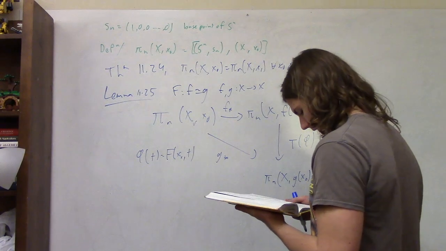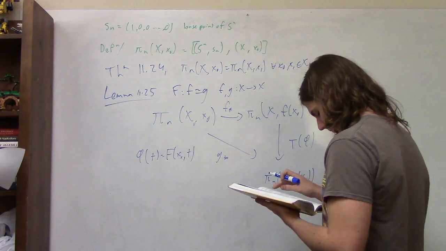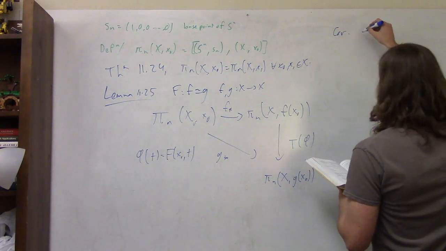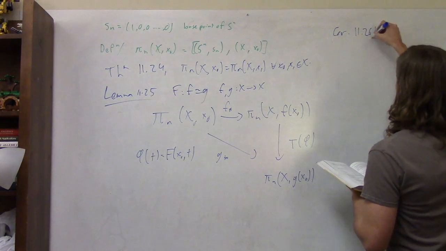And so we end up with this local system. As a corollary to that, he's using the free homotopy to construct a local system.